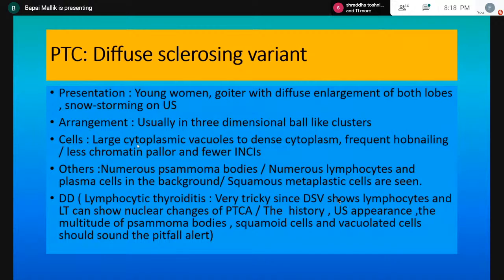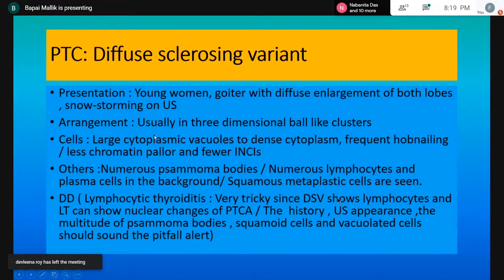Here, in this particular tumor, again very rare, cells show a large cytoplasmic vacuole. Sometimes they can have dense cytoplasm. Hobnailing can be pretty frequent. And they have a lesser amount of chromatin pallor, fewer INCIs according to some reports, but the one case that we have seen in our department was packed with intranuclear cytoplasmic inclusions, and it turned out to be a diffuse sclerosing variant of papillary thyroid carcinoma.